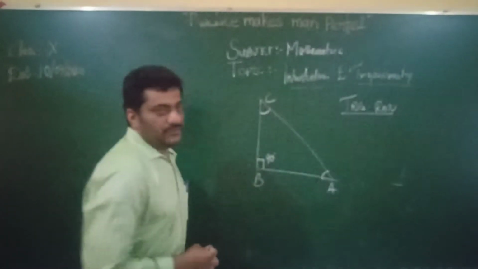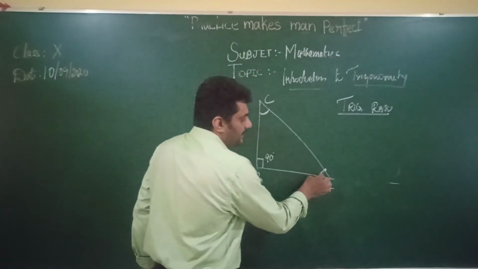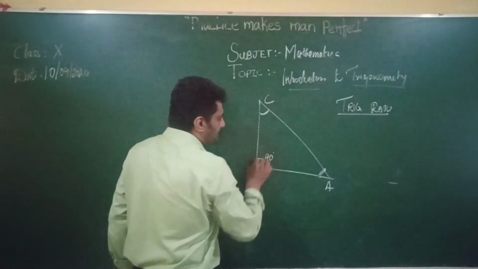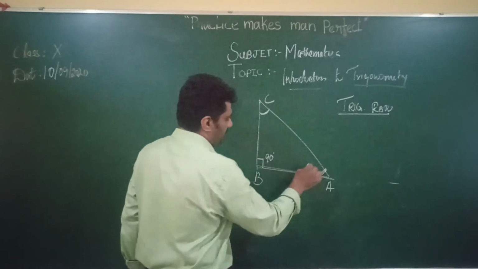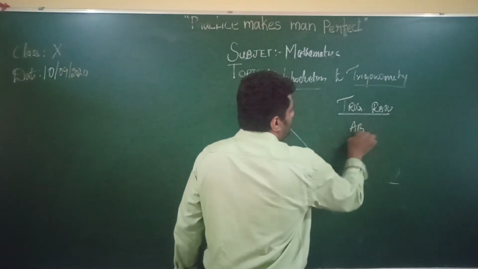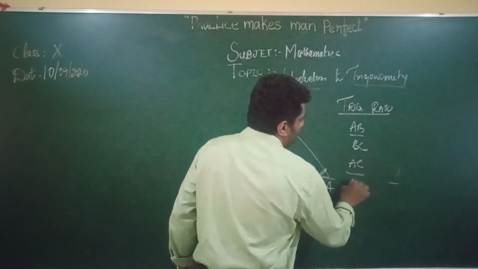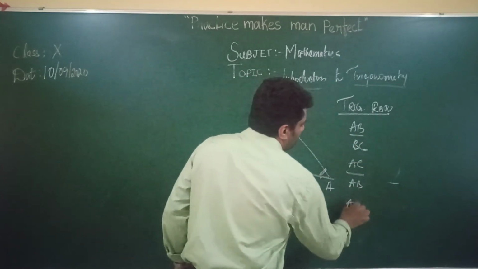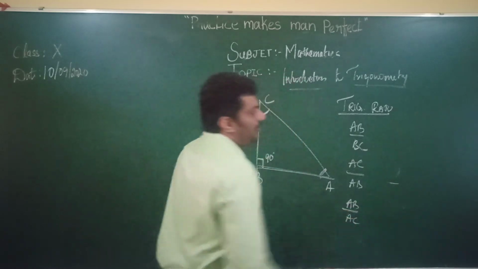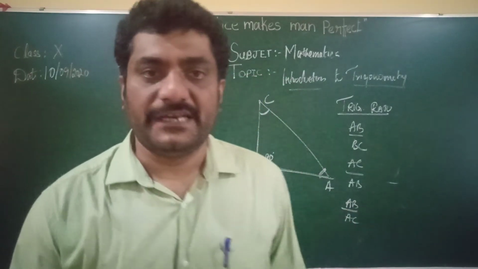If I take any two sides, with respect to this angle, for example AB divided by BC, or AC by AB, or AB by AC, all these have different names.